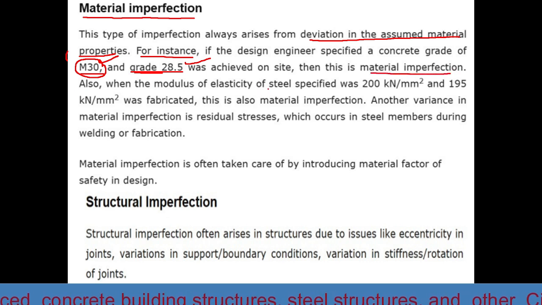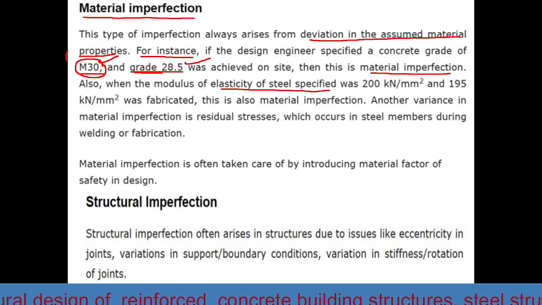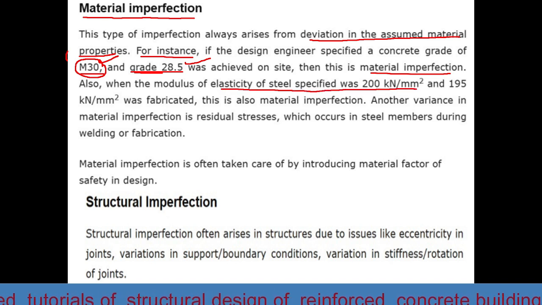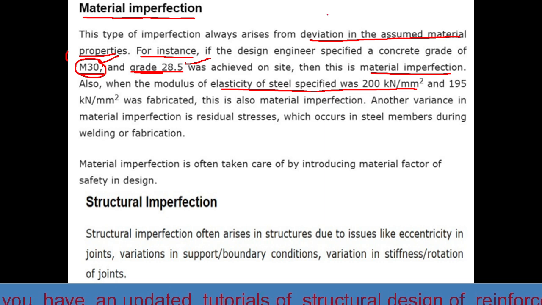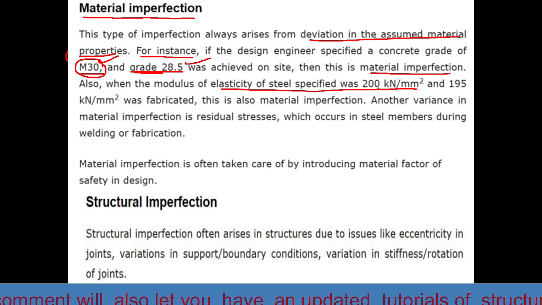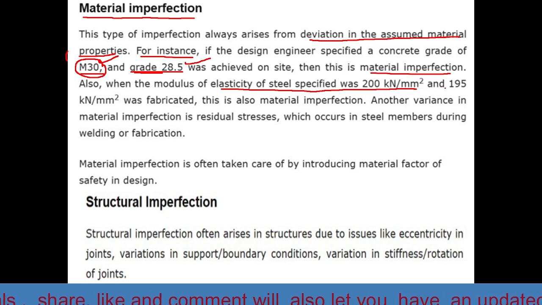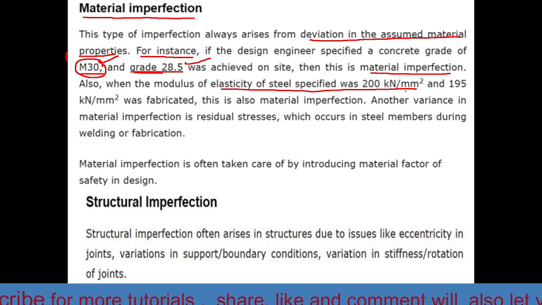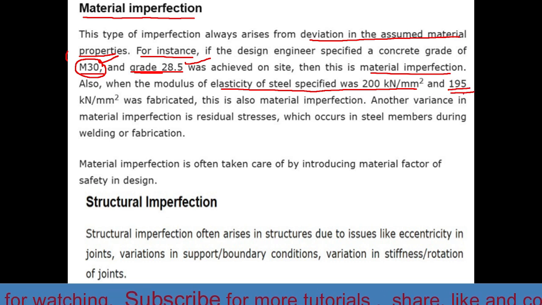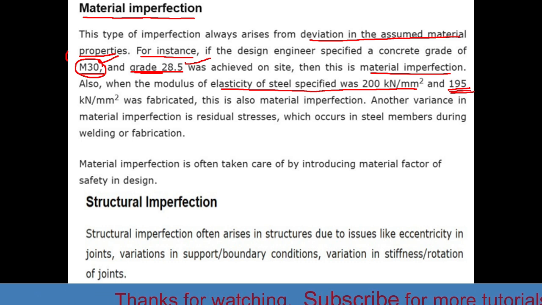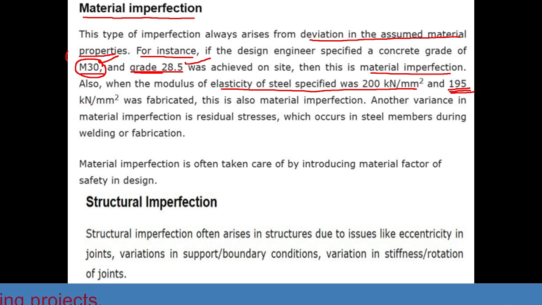Also, the modulus of elasticity is another mechanical property of concrete or steel, which is 200 kilonewton per millimeter square, and unfortunately, during the compliance test, it comes around 195 kilonewton per millimeter square as fabricated.